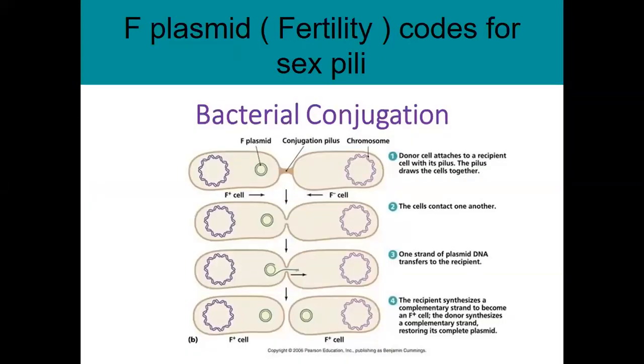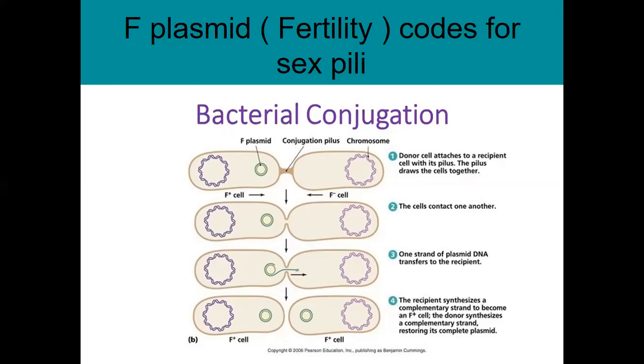Then, as I said, there is a fertility factor for sex pili, in bacterial conjugation. The one having the plasmid is called F plus, and the one not having it is F minus. F plus gives to F minus, and both become F plus.